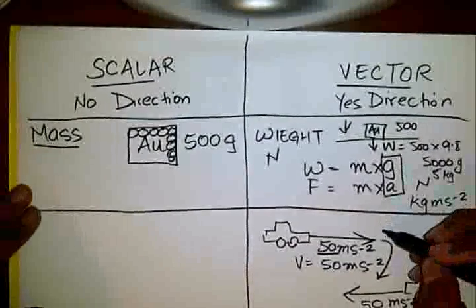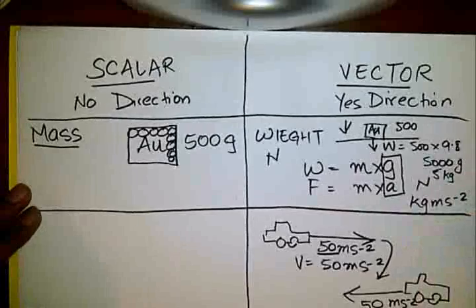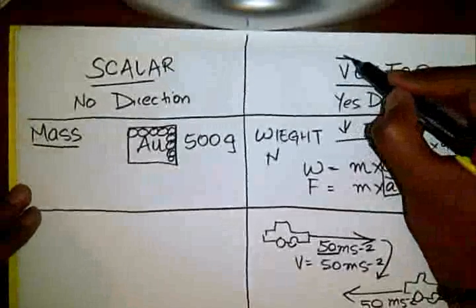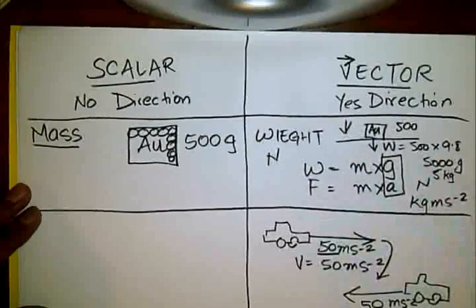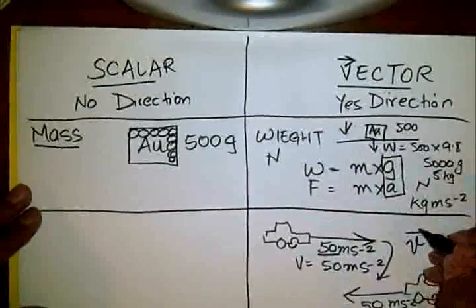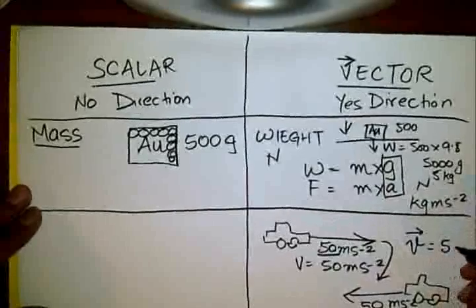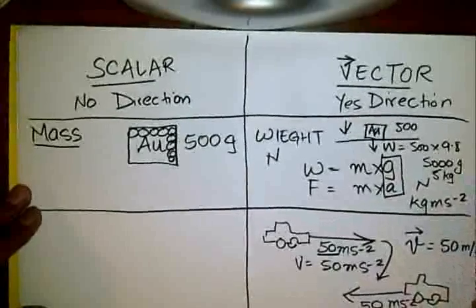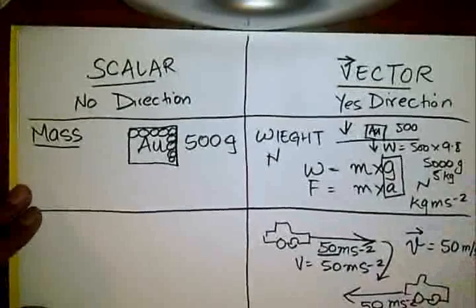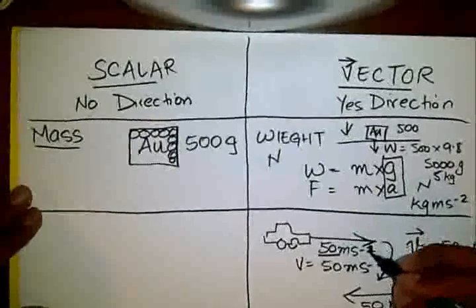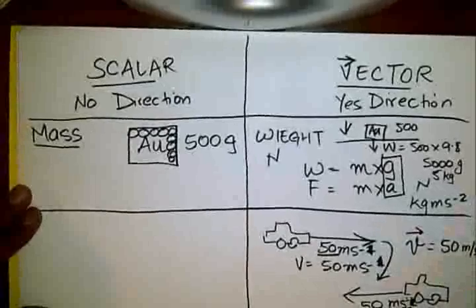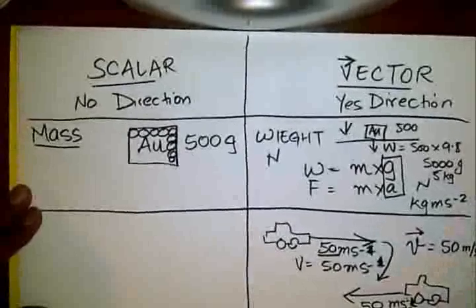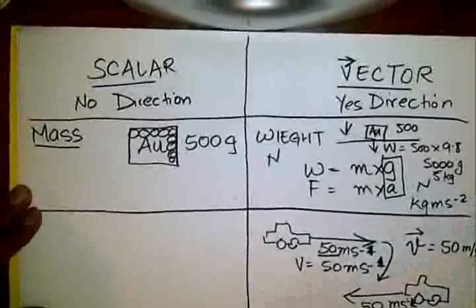So the way we represent a vector is we put a little arrow on top of the letter. So V would be 50 meters per second, and this, let's put V2 there, would be minus 50 meters per second.